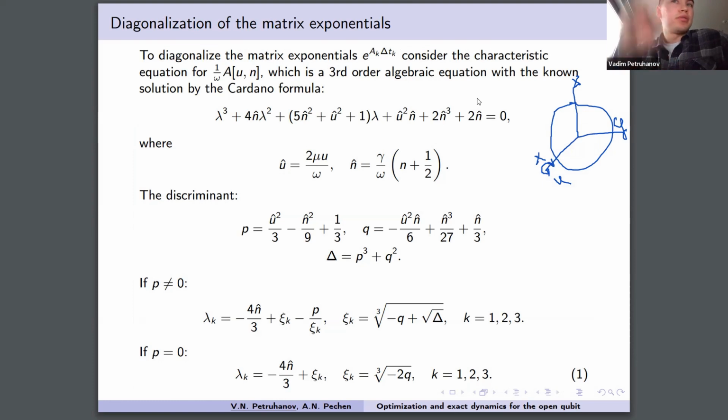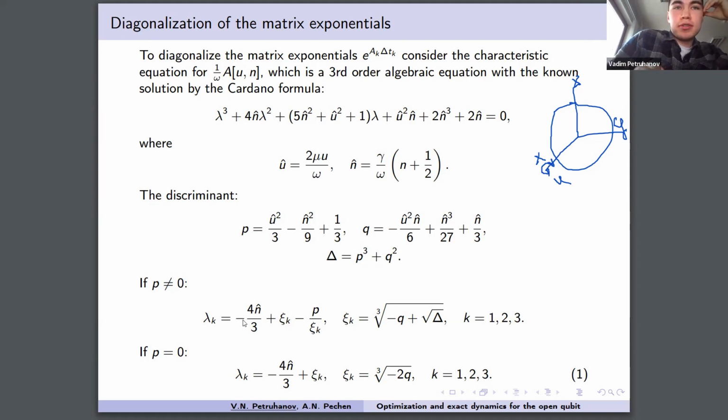So due to the fact that our system has dimension 3, we can just diagonalize it, because the characteristic equation is third order, has order 3, so we can use Cardano formula. Here we introduce new notation, U hat and n hat for convenience.